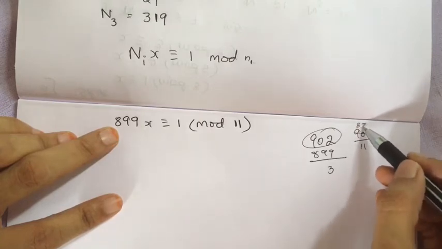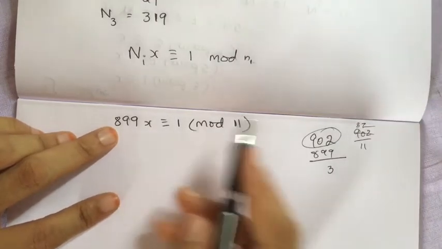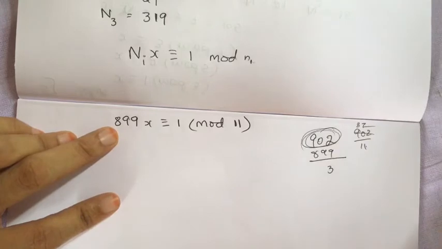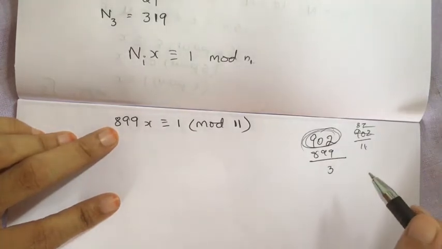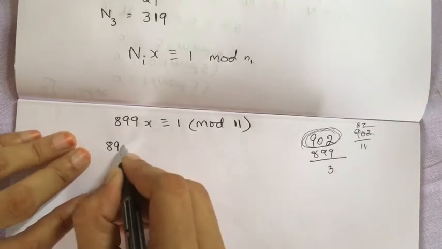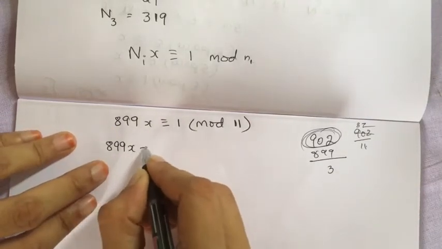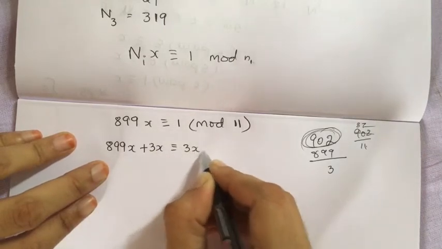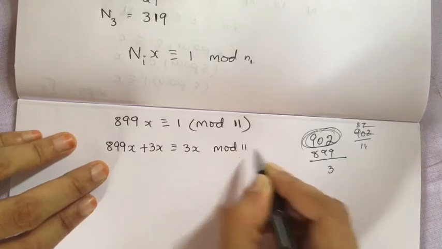88 and 22. So this is divisible by 11, so I'll take up 902. Adding 3x on both the sides, so 899x plus 3x is congruent to 3x mod 11.